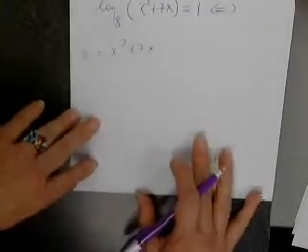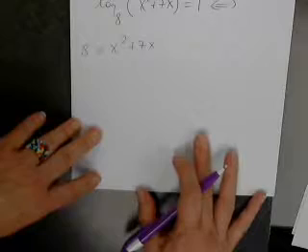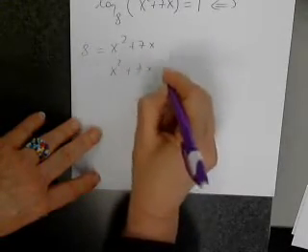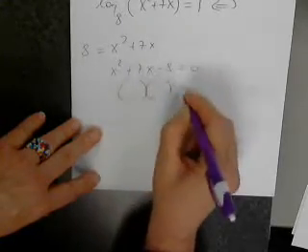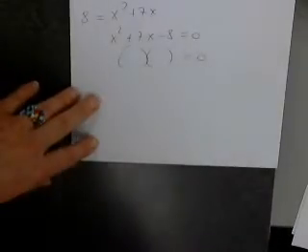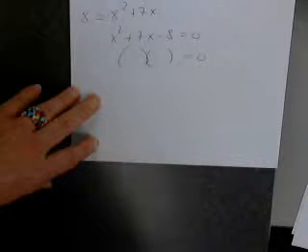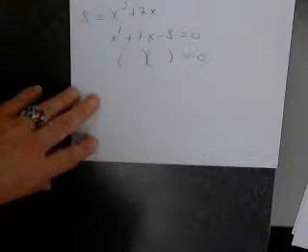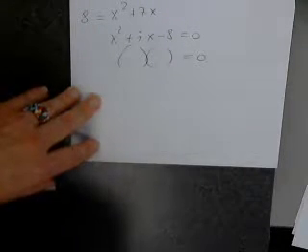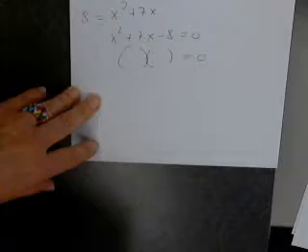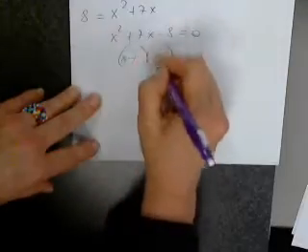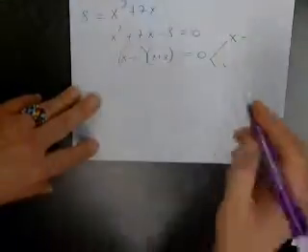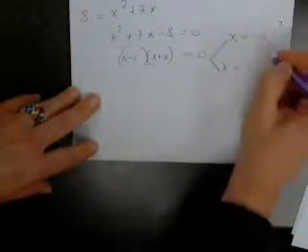Good. What do I do now? Move 8 to the other side. Then x equals minus 8 or x equals 1. I have to check.